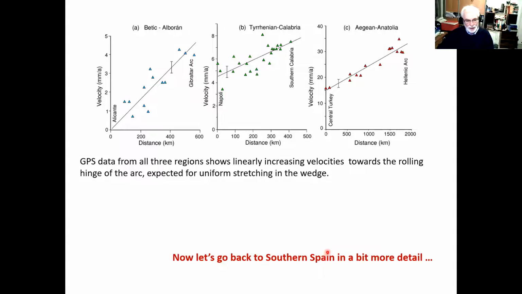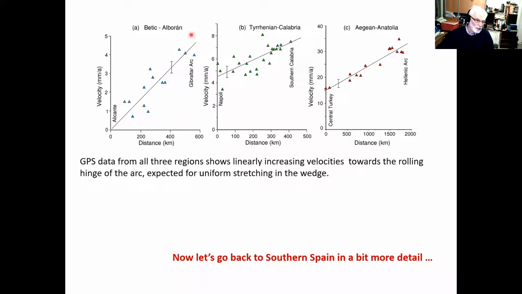That will result in the velocity vectors increasing from far away from the subduction zone until you reach the top of the subduction zone. So in the Aegean, we've got velocities on top of the subduction zone present day of 30 millimeters a year, and decreasing linearly with distance away from it.